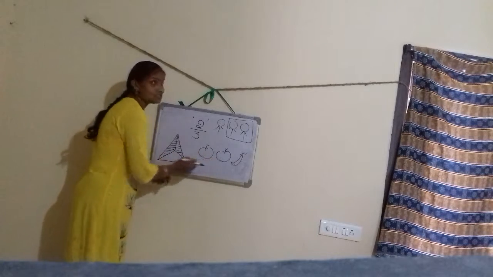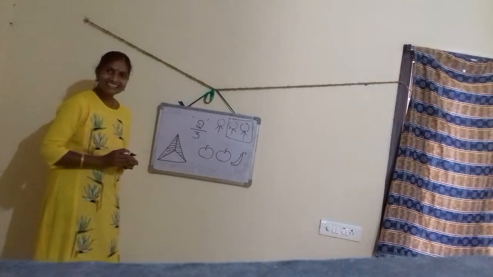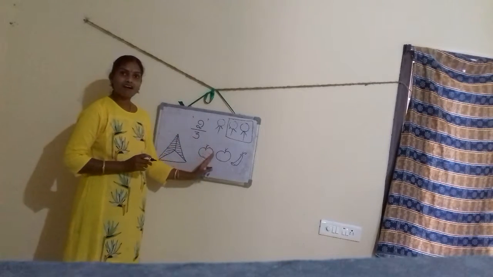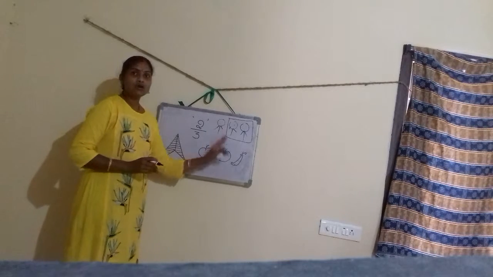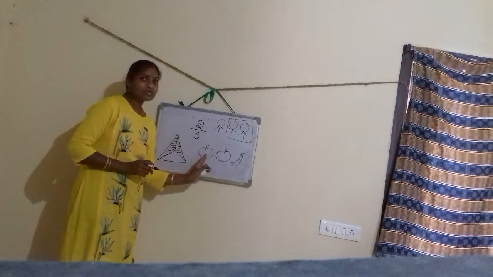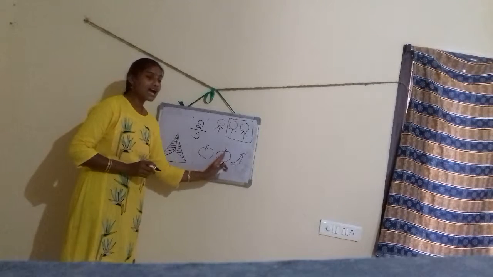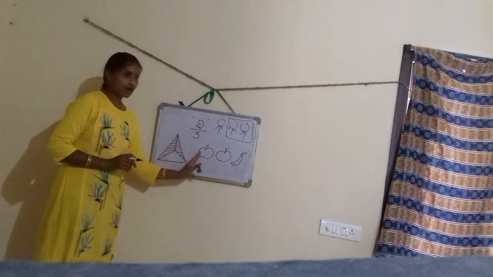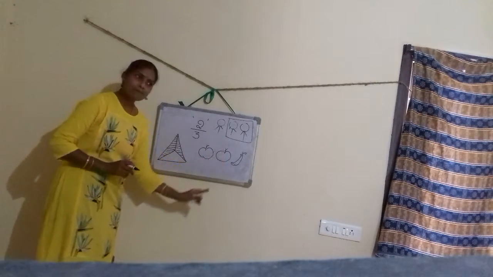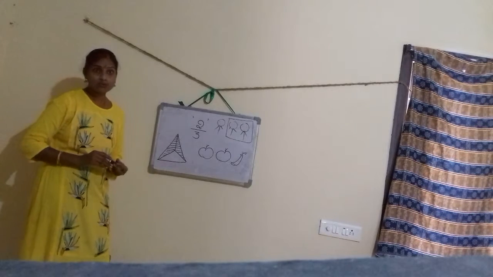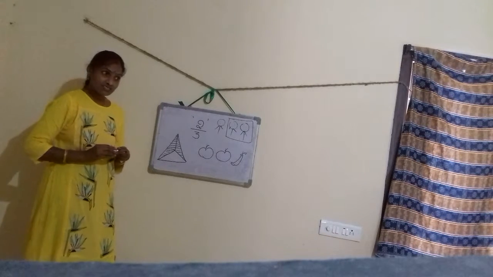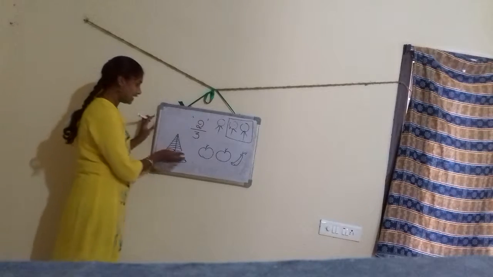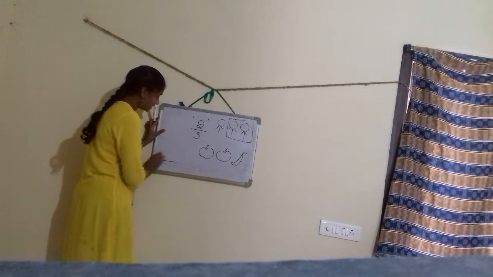So what is the fraction of apples? 2 by 3. So it represents 2 out of 3 fruits are apples. Now do you understand better how to represent fractions? Okay, let us go to the next topic.